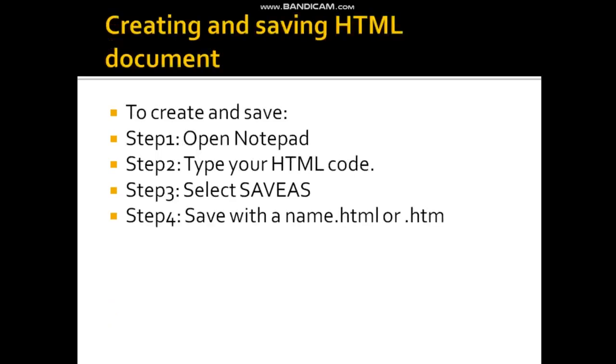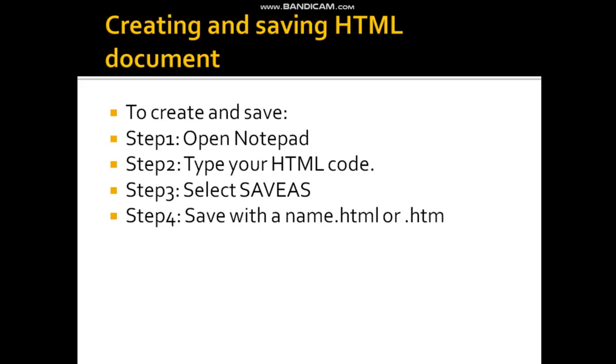Next we have creating and saving the HTML document. How to create, where to write the structure of HTML document, which we did now? You will write it in Notepad, okay? So open Notepad, type the HTML code. Then you will save it. To save it, select save as. When you select save as, it will ask for a name.